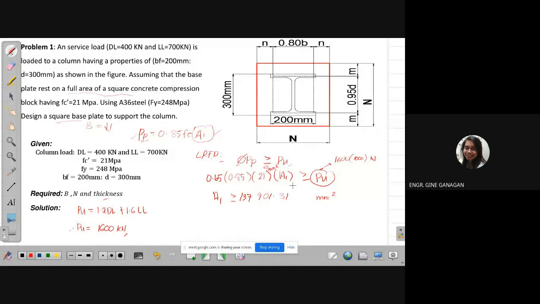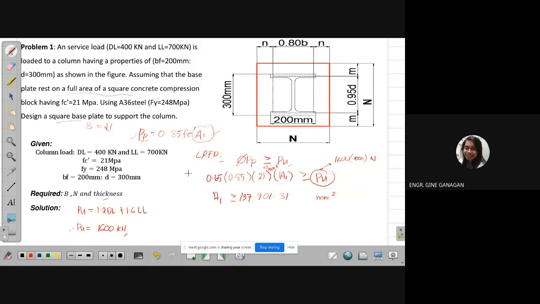So, kindly check if my calculation is correct. Is this correct? Dapat nakahanda na din yung calculator ninyo pag nag-Google Meet tayo. So, assuming yung na-compute kong area 1 is correct.